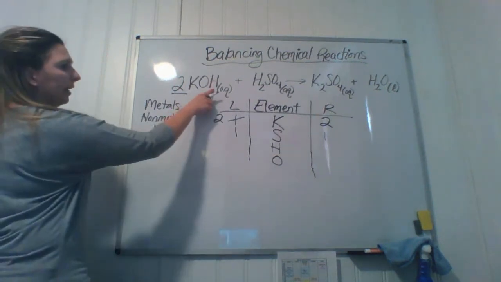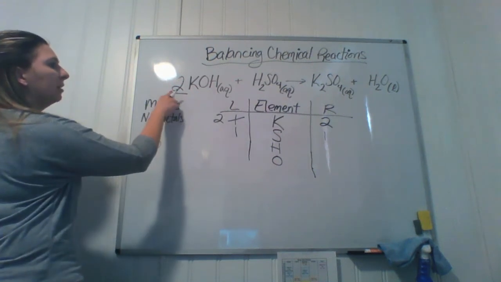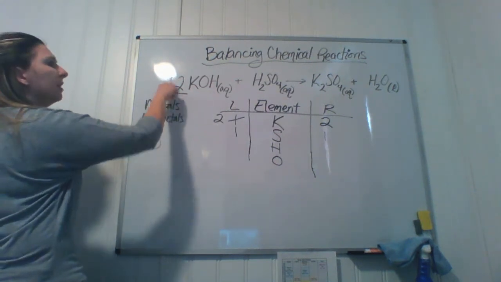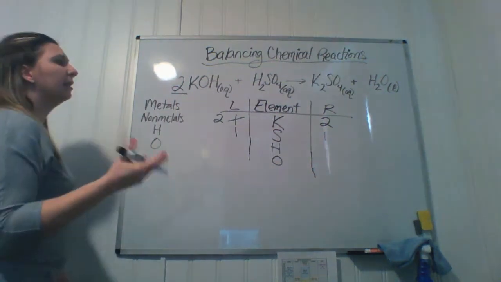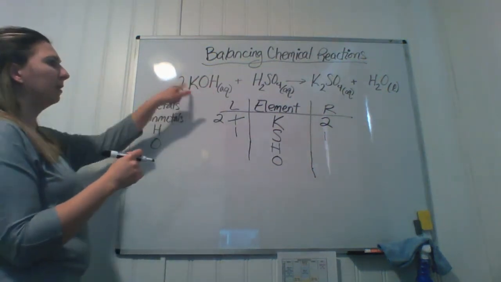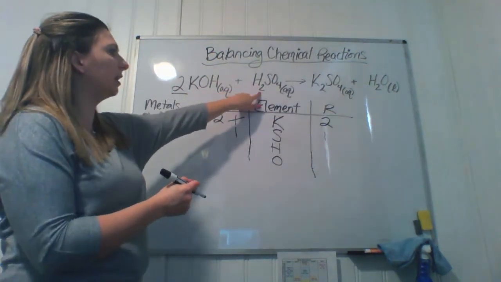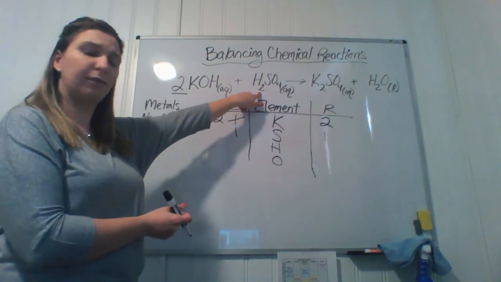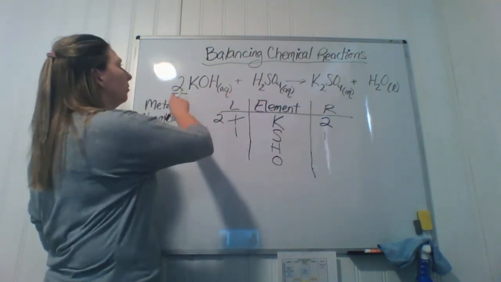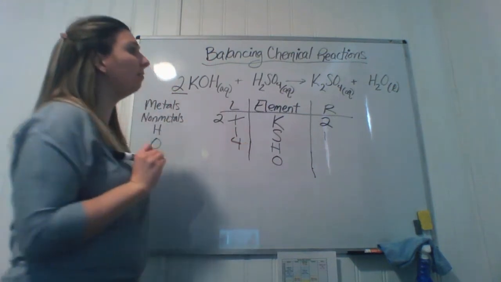Now we have 1 hydrogen here in the potassium hydroxide, but we have a 2 in front. So this distributes to indicate that we have 2 hydrogens from the potassium hydroxide, and then 2 hydrogens here with the subscript for sulfuric acid. So 2 plus 2 gives us 4 hydrogens on the left.